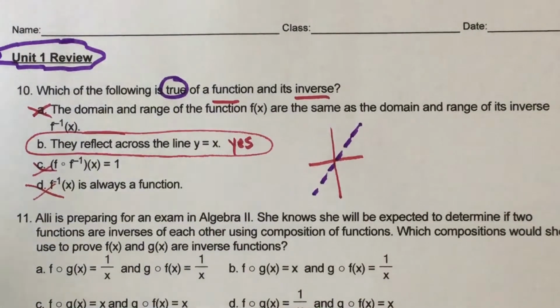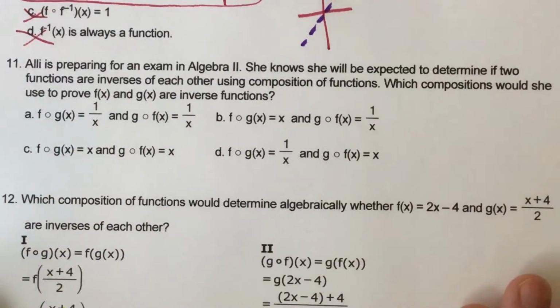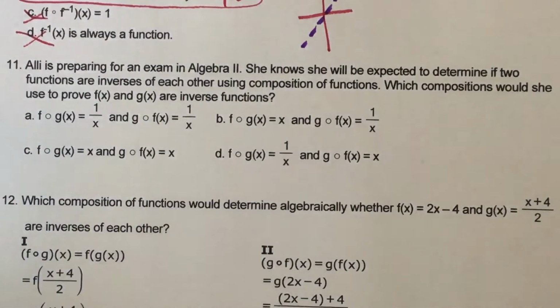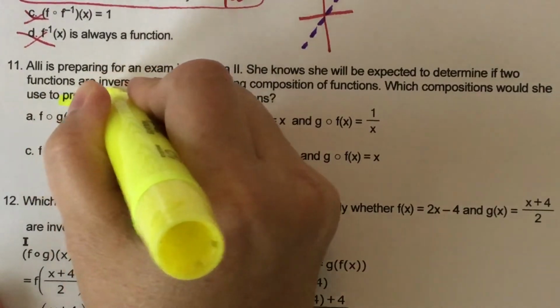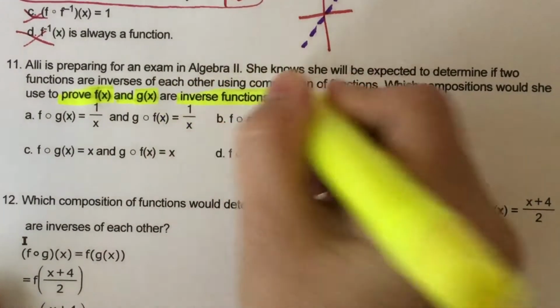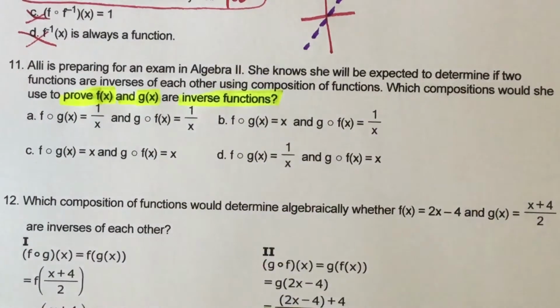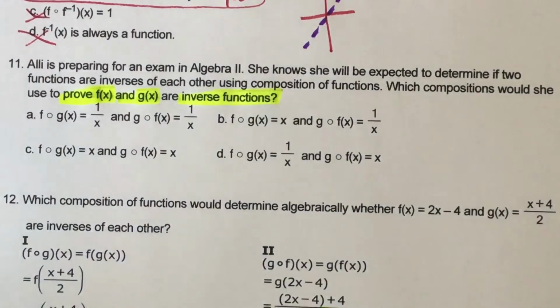These next two problems say basically the same thing. It's essentially wanting to know what's going to prove that f of x and g of x are inverses. There are several things that have to happen.